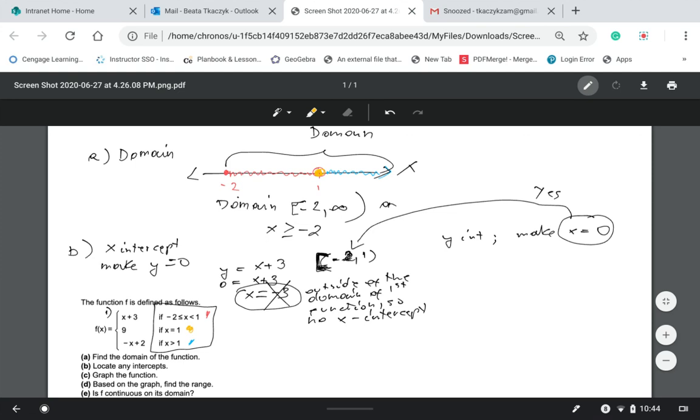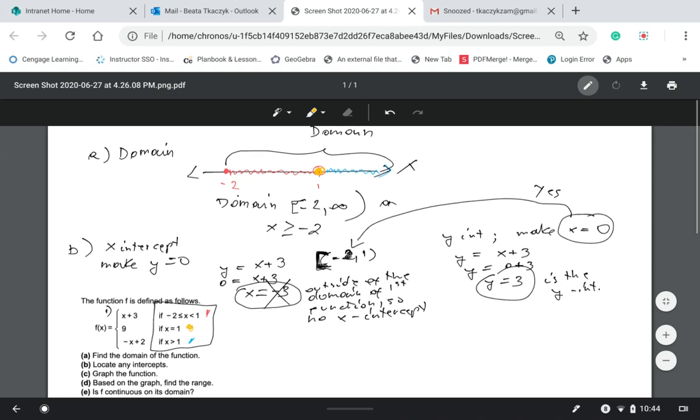So that means I can find the y-intercept for the first function. y is equal x plus 3, and replacing x with 0, we have y equals 0 plus 3, so y equal 3 is the y-intercept. When you look for x and y intercepts, make sure that we can find them.